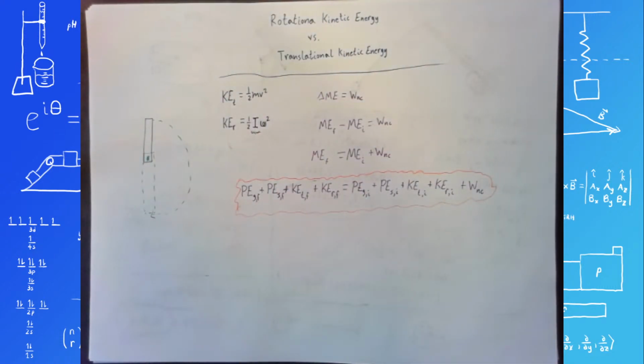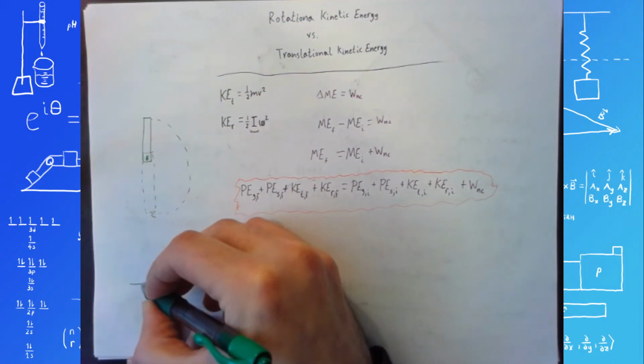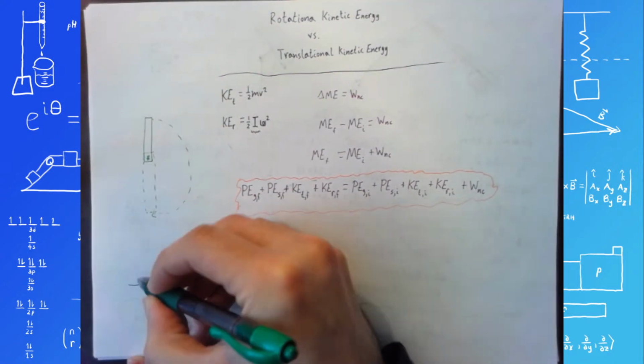So there's an example of something that is in rotational motion but not translational. And then we've seen plenty of examples of things that are in translational motion but not rotational. That's something like a block sliding across the floor.